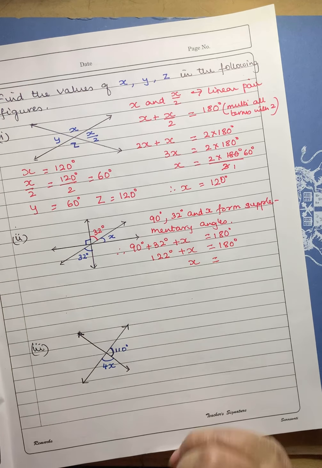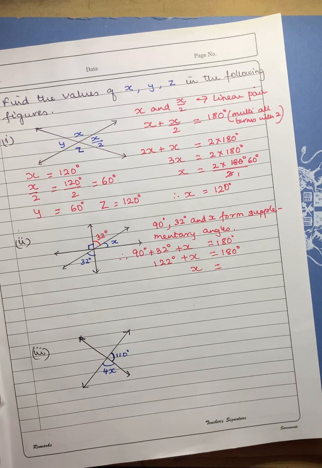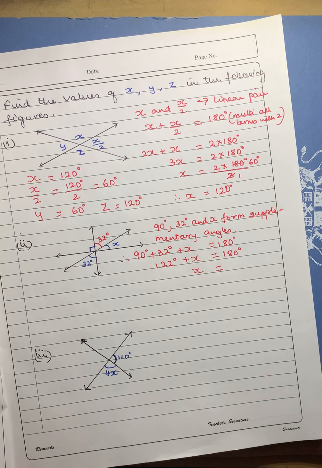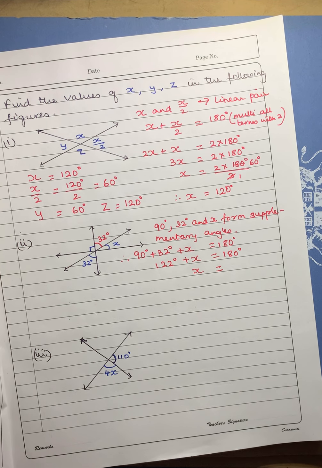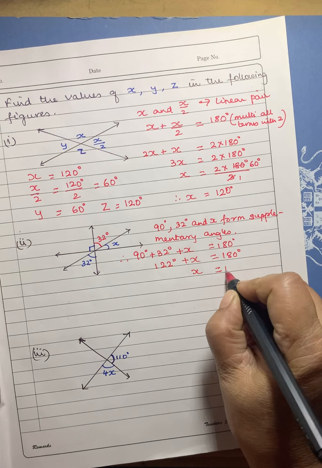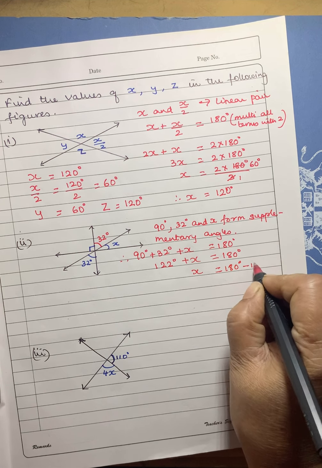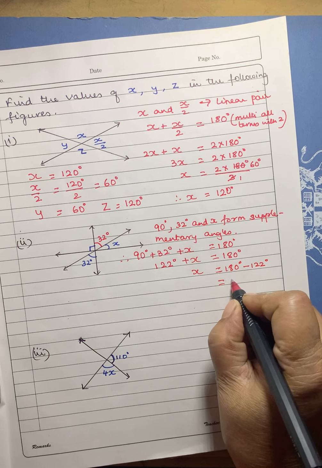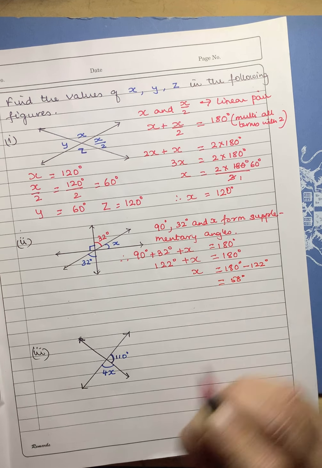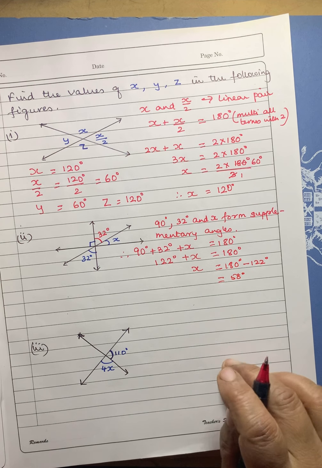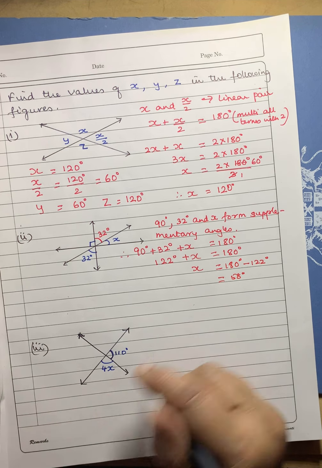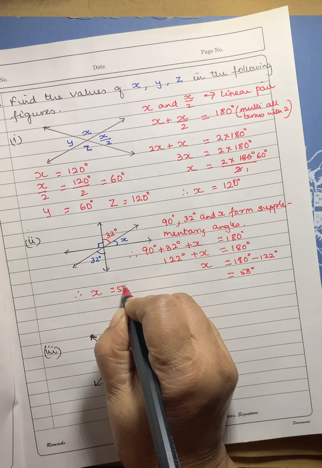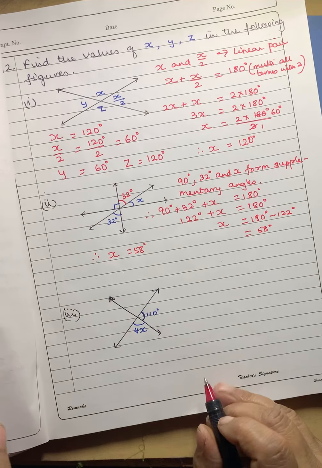The knowledge of simple equations must be used in all types of sums where you are finding the unknown. So this will be 180 minus 122, bringing this to the other side, which is equal to 58 degrees. Therefore, x is equal to 58 degrees.